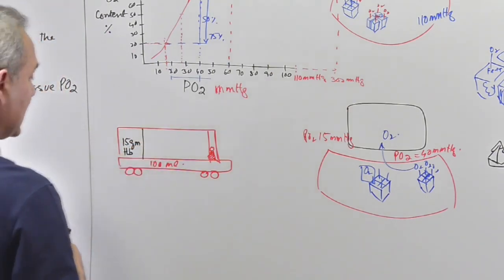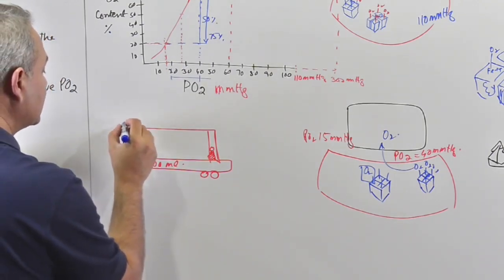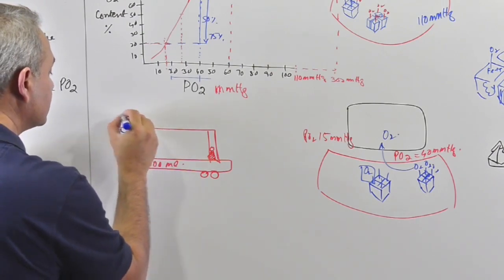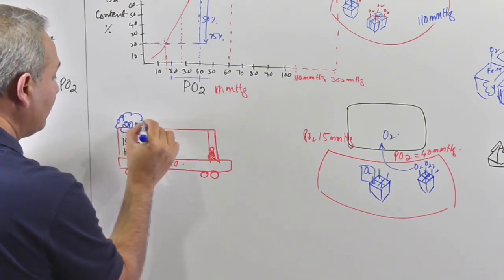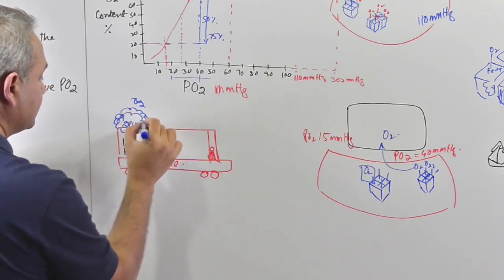This 15 gram of hemoglobin has about 20 milliliter of oxygen attached with it. This is oxygen attached with it.